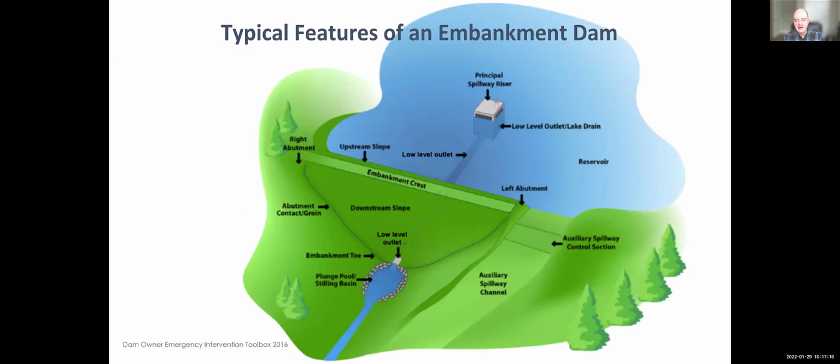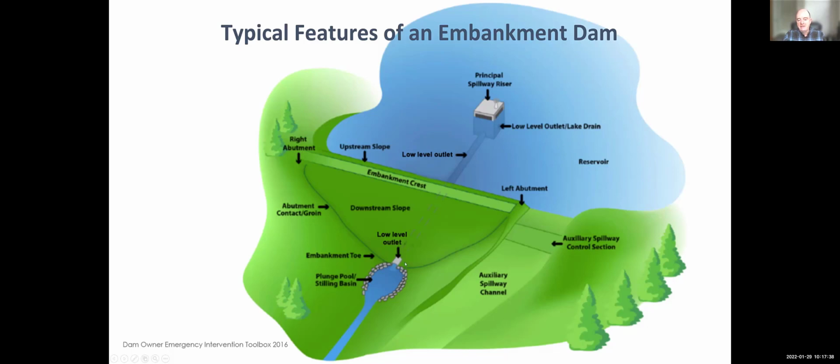Here is another pictorial view of that. The terminology right and left for the abutments is always with reference to looking downstream, in the direction that the water flows. We have terms called the abutment or the groin area, where the dam meets the valley wall.